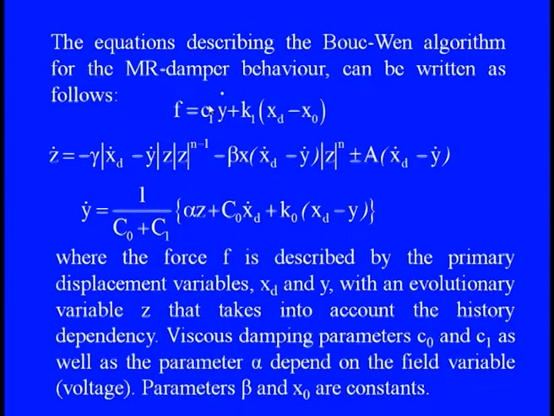When we go with the evolutionary variables, we account for the previous dependencies. z dot equals minus gamma times (x dot d minus y dot) times modulus of z times z to the power n minus 1, minus beta times (x dot d minus y dot) times z to the power n, plus A times (x dot d minus y dot).